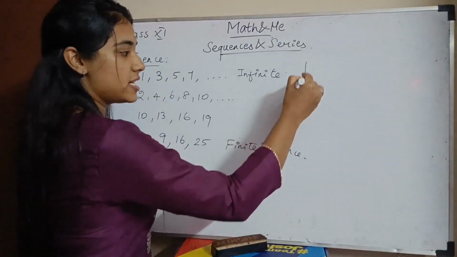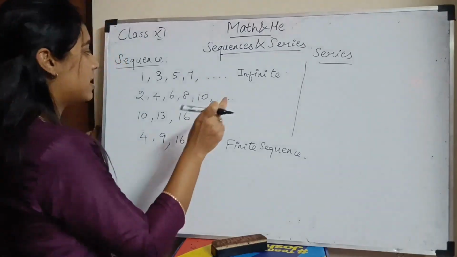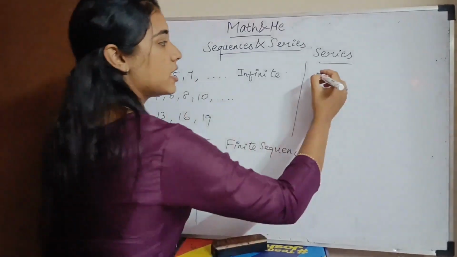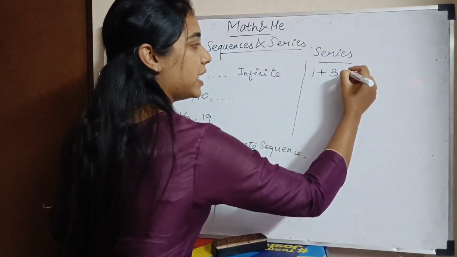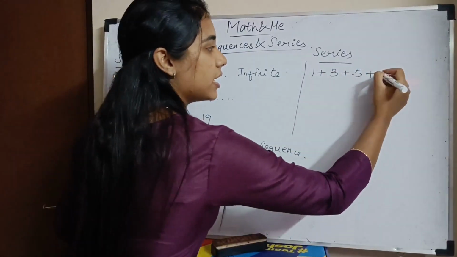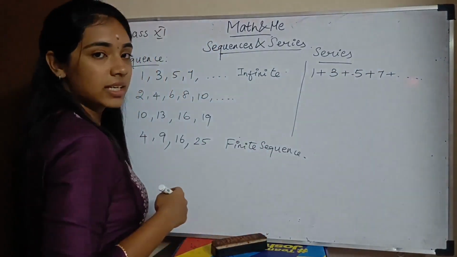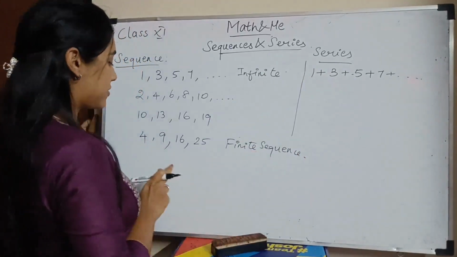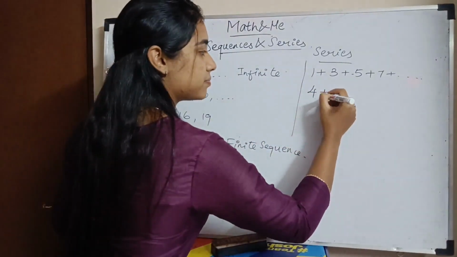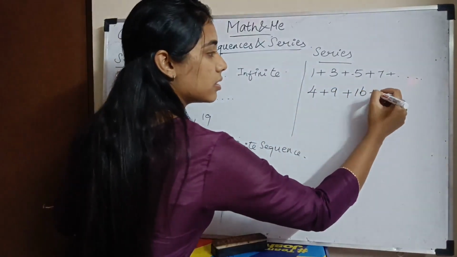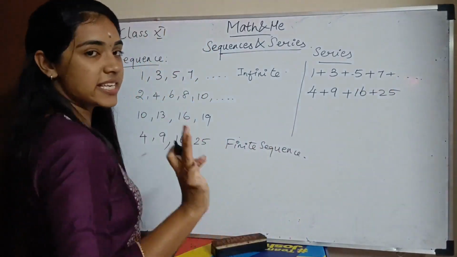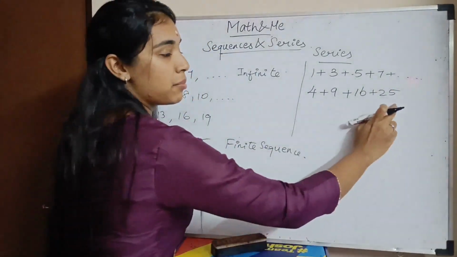Now coming to series, what is meant by series? When you have these numbers and you write them in this form with the plus symbol in between them, this is called a series. You do not have to find the sum of this.